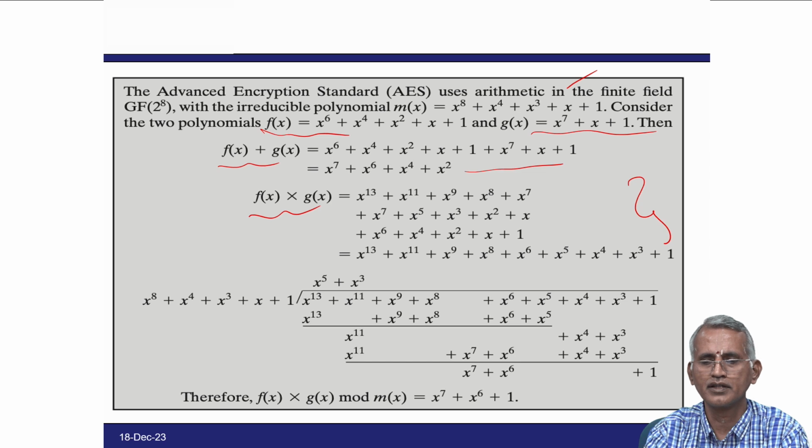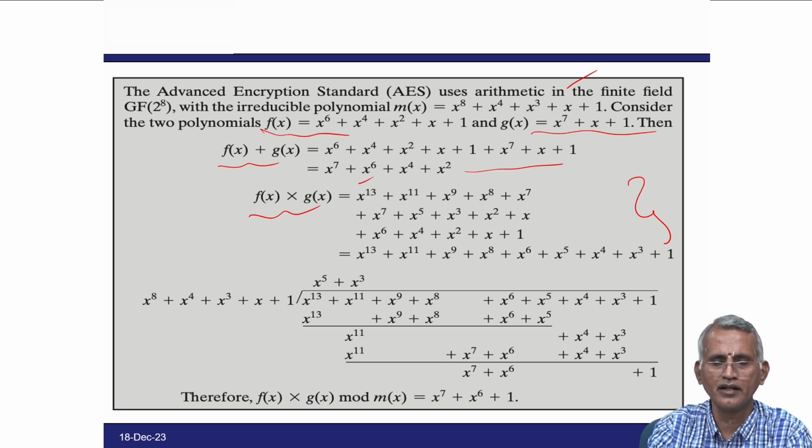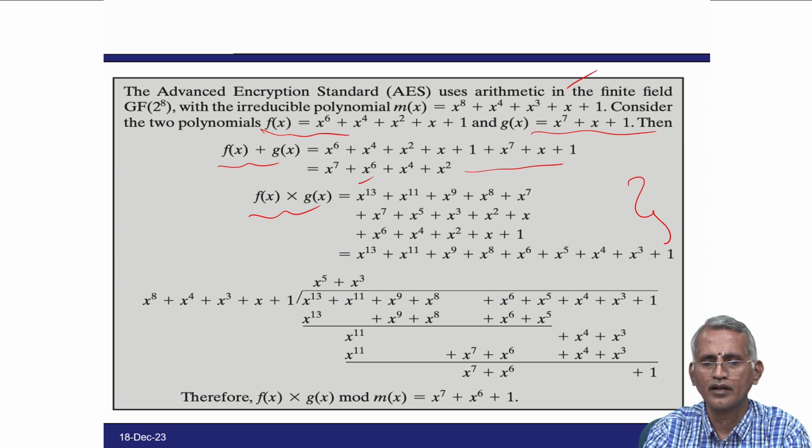Simply, x power 6 into x power 7 is x power 13, x power 4 into x power 7 is x power 11, x square into x is x cube.